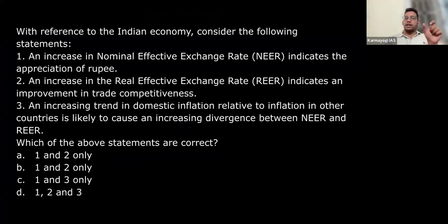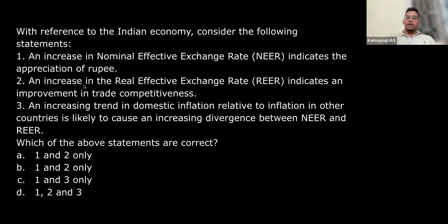There was some X and then it has increased. The NEER has increased. That means we have strengthened our domestic currency, right? So it means that the rupee has appreciated. So the competitiveness of Indian goods in the foreign markets will decrease. So the first statement stands correct because it is indicating appreciation of the rupee. For all the basket of goods that we are trading, they need to pay more rupees than before.